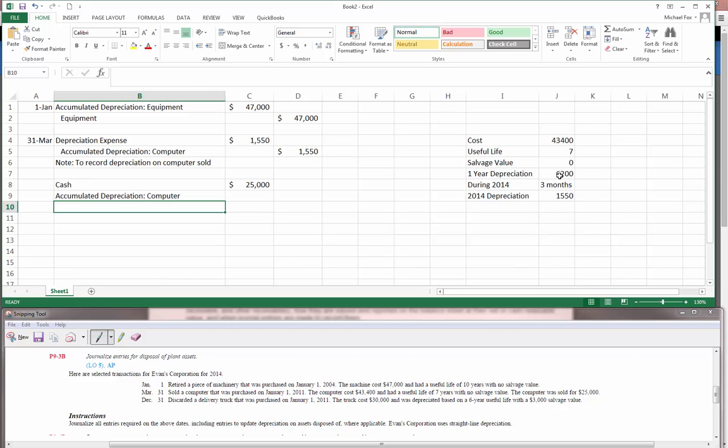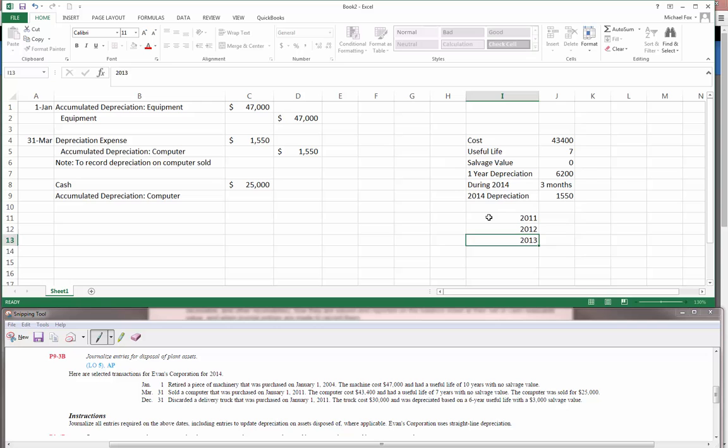And like I said, we've already figured out what 1 year is. So this was purchased in 2011. So we're going to have depreciation for 2011, 2012, 2013, and 2014.